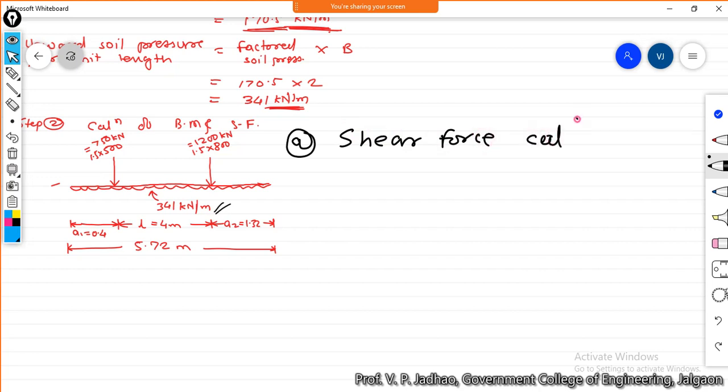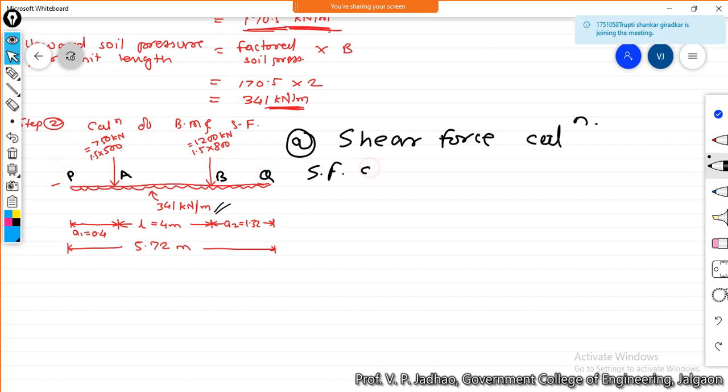Let us consider this point is A, this point is B, this point is P, and this point is Q.